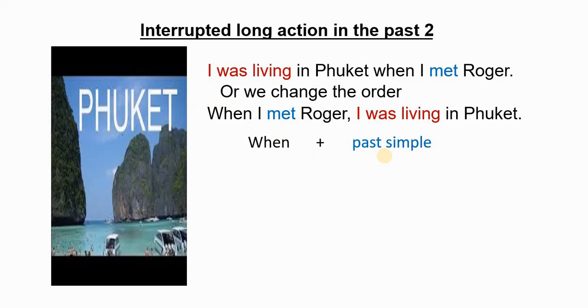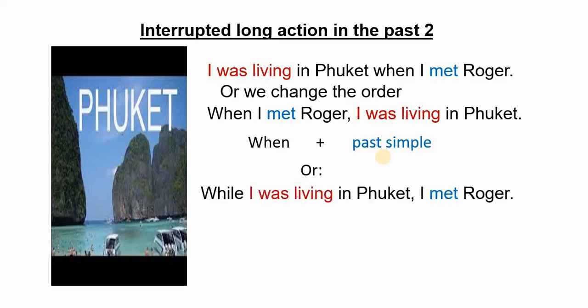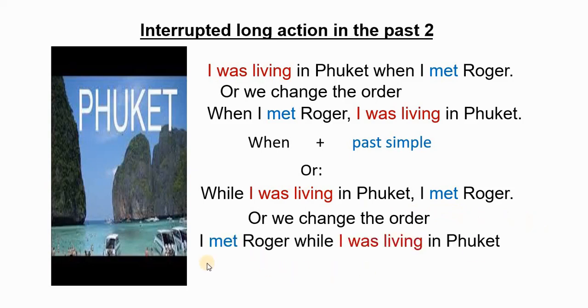Or we also have another way of saying this. While I was living in Phuket, I met Roger. Alright? And we can also change the order. I met Roger while I was living in Phuket. Alright? So, these 4 sentences: number 1, I was living in Phuket when I met Roger.